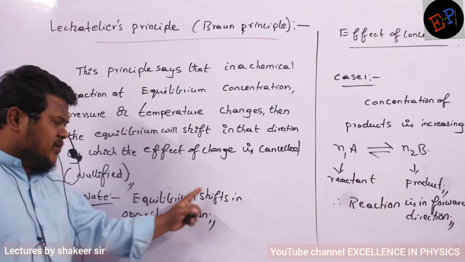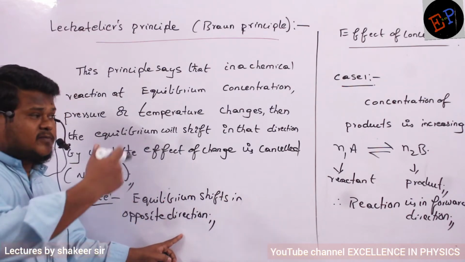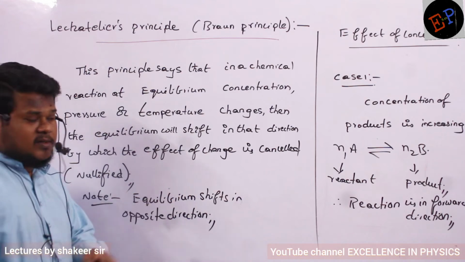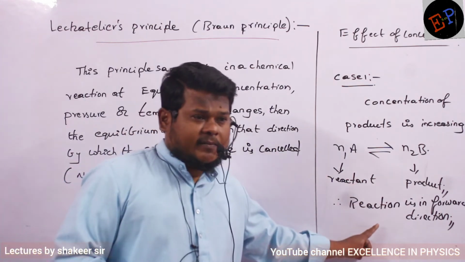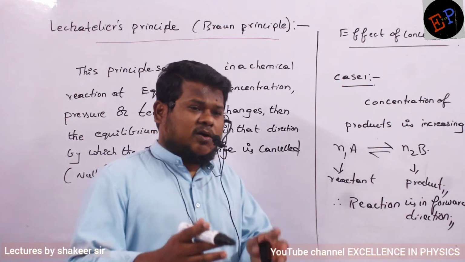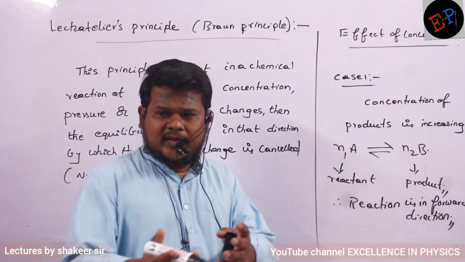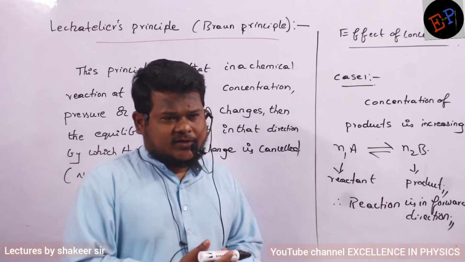Equilibrium will shift in the opposite direction such that the effect of that change is cancelled. So here what is the change which is happening? Increasing of concentration of products. So how can I decrease the concentration of products? When the reaction undergoes backward direction. Are you able to understand?